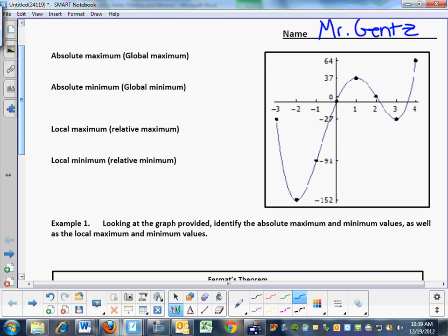We start out with this. Absolute maximum is sometimes referred to as a global maximum. Largest value of the function over its domain.